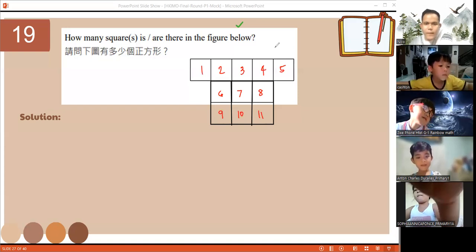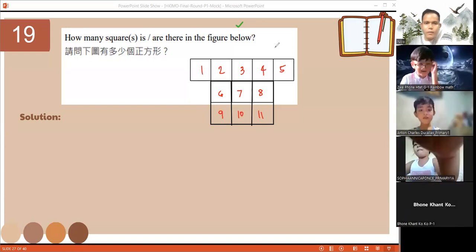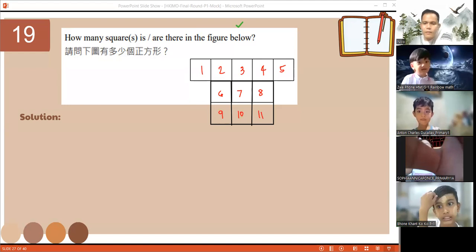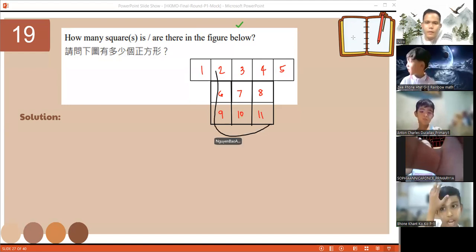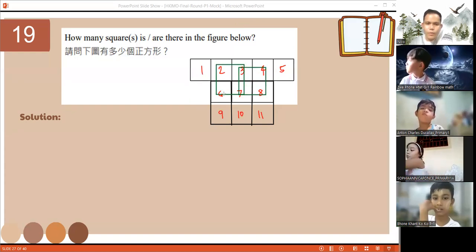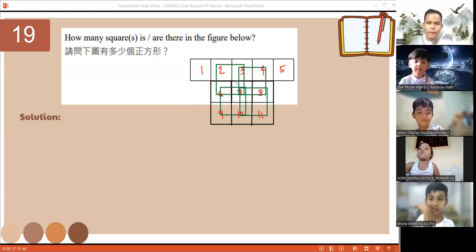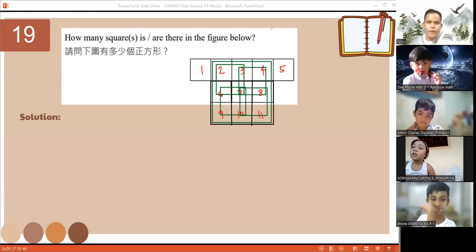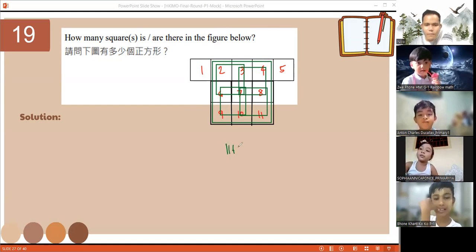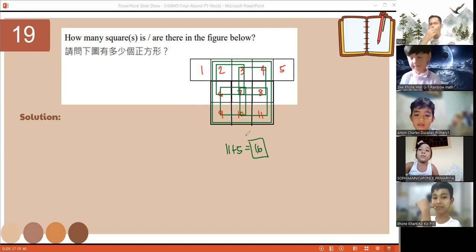Right? And then take note. Okay, everyone listen. Why is everyone opening their mic? Then we have 1, 2, 3, 4, 5. So that would be 11 plus 5. That would be 16. So 16 is the answer.